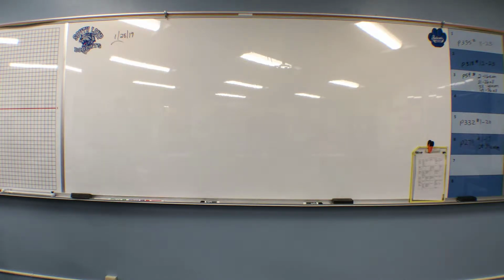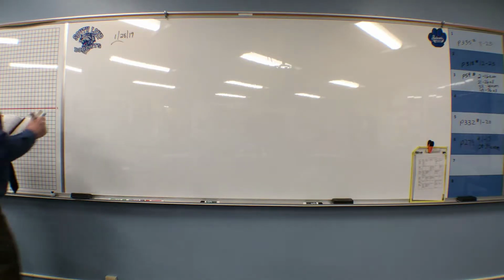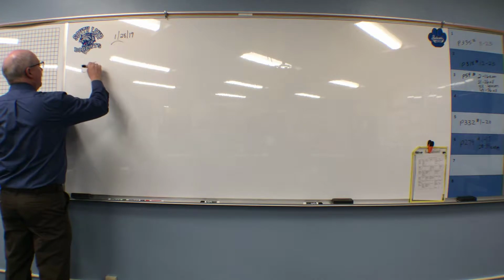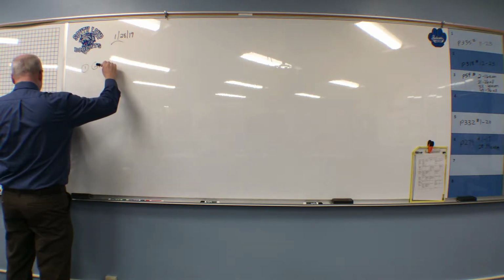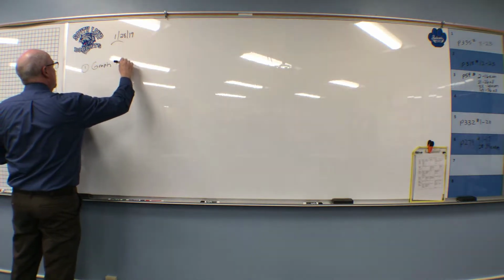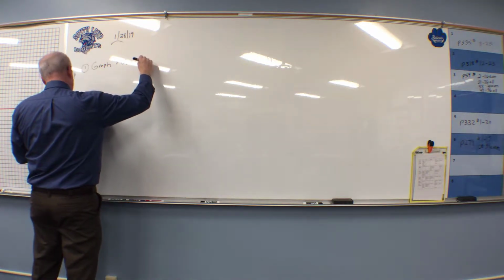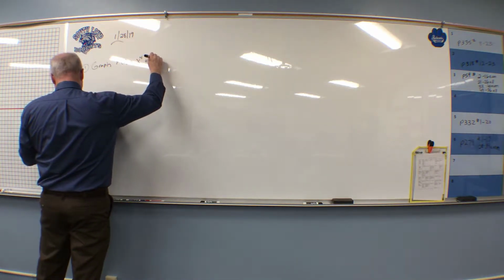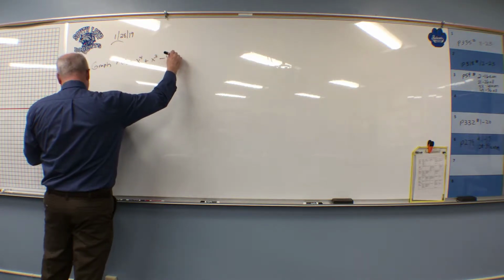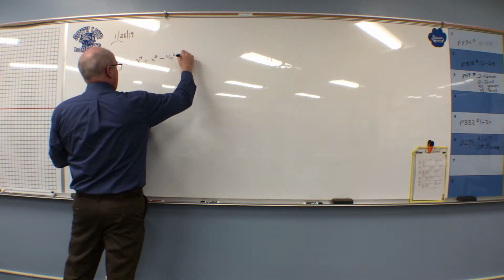Okay, so when we look at graphing, it'll say something like this. Graph f of x equals x to the fourth plus x to the third minus 4x squared minus 4x.